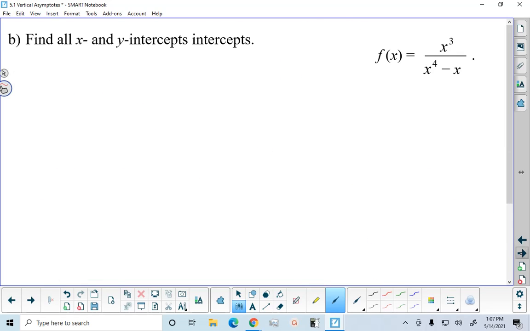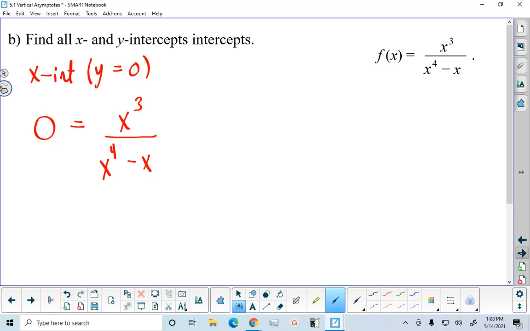Find all x and y intercepts. So to find an x-intercept, we're going to let y equal 0. I don't know that we really do this too much in Math 30-1, so I'm going to explain it in more detail. This is not a complicated equation to solve. You don't have to cross multiply. You don't have to do anything except look at the numerator.